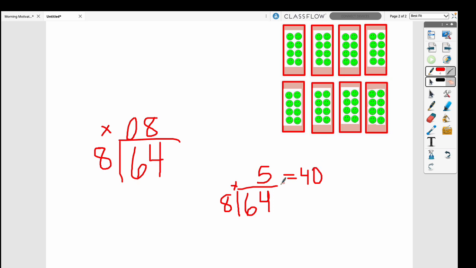This number 40 is not the same as this number that is in the division house, your 64. So that lets us know that this number answer here, 5, is not correct.